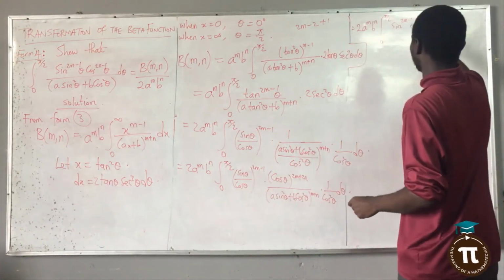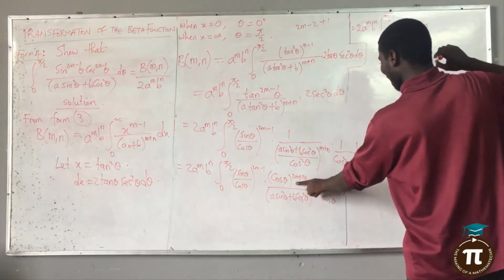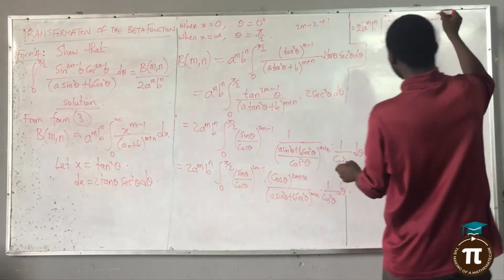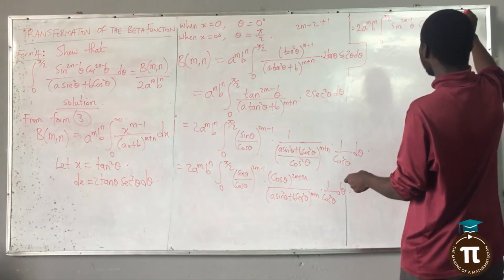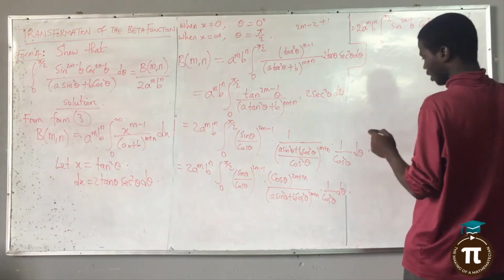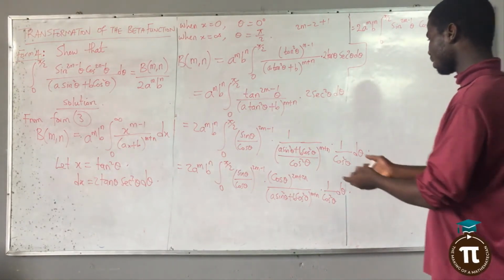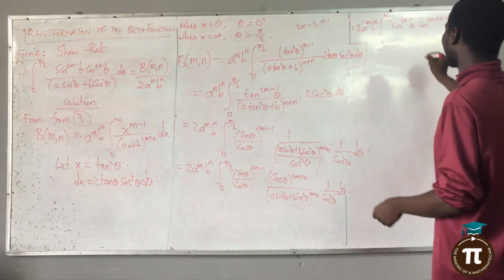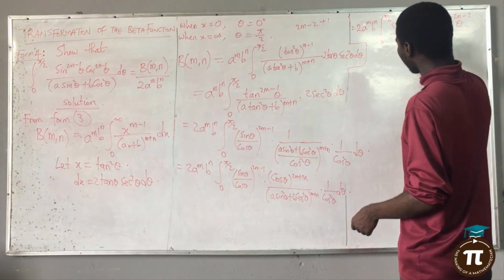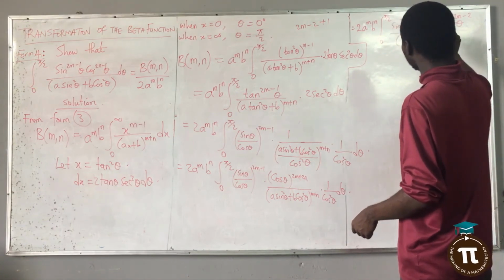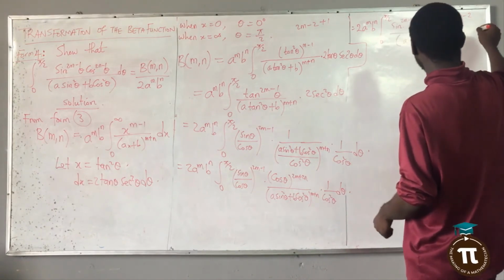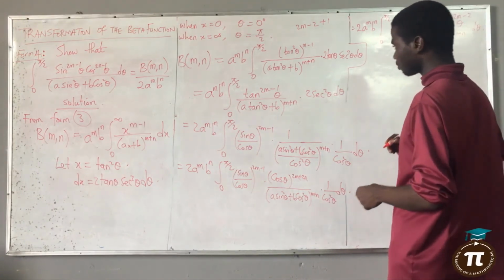Then cos, I have 2m plus 2n, then this one will come up to become plus 1 minus 2m, this one will come up to become minus 2 theta. So all I have just done here is law of indices as well. So I will now have all over a sine squared theta plus b cos squared theta raised to the power of m plus n, d theta.